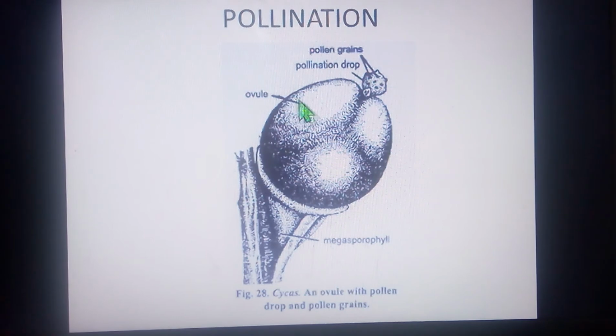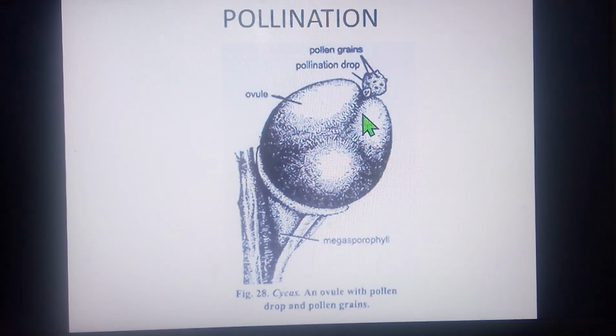So a pollination drop oozes out from this micropylar end, and the pollen grains which are floating in the air are caught in this drop. You can see here a few of the pollen grains caught up in this mucilaginous drop, or pollination drop. Now as the drop dries up, the pollen grains are drawn inside to the pollen chamber.